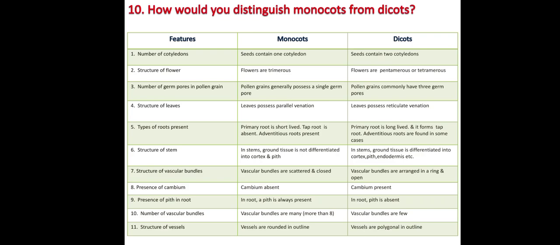Structure of vessels. Vessels are rounded in outline for monocots, and for dicots, vessels are polygonal in outline. So these are the 11 points of difference between monocots and dicots.